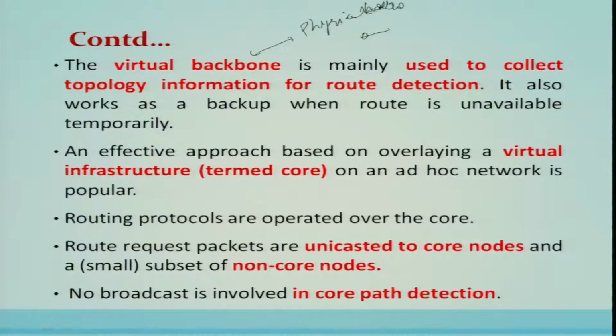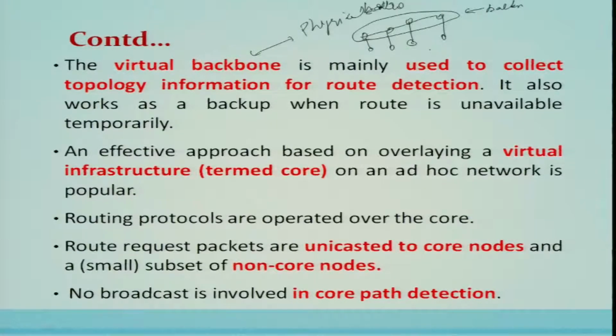In the physical backbone system, you might see a backbone to which all other nodes are connected. This backbone is a high-speed backbone, in the physical network maybe an optical fiber network, and these are the other non-backbone nodes. They can communicate through this particular backbone node for the data communication.